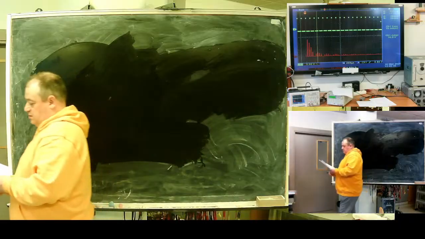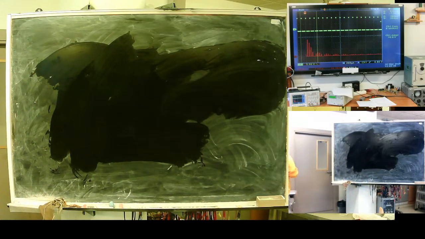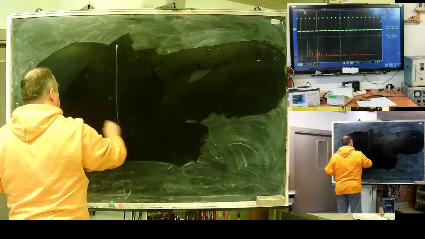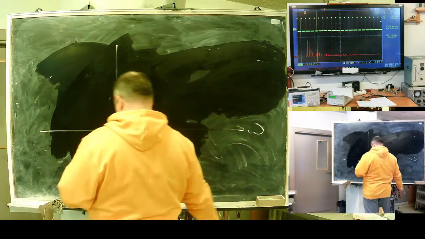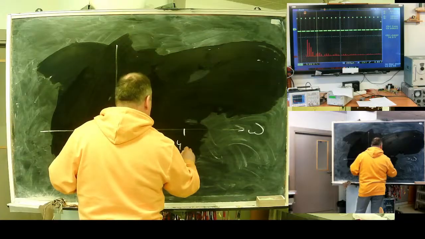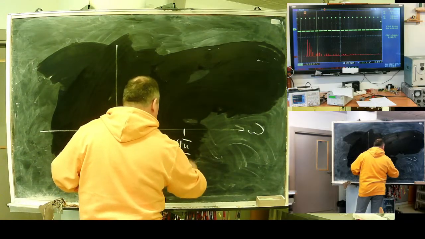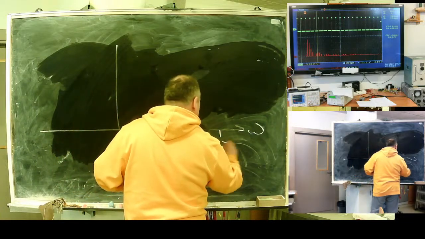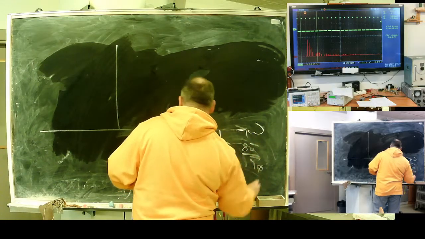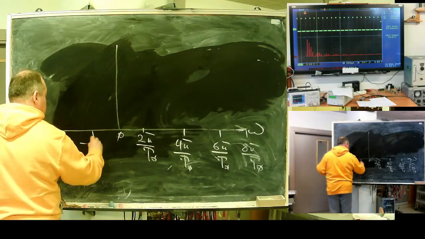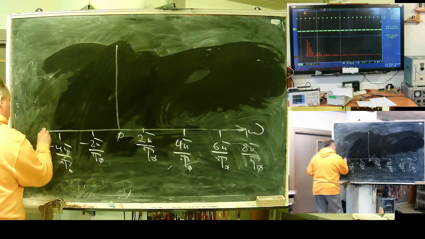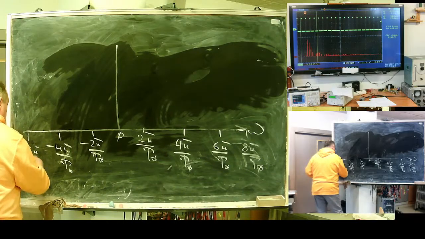So for a set of pulses, the spectrum looks like this: 2π divided by T0, 4π divided by T0, 6π divided by T0, 8π divided by T0, and 0, minus 2π, minus 4π, minus 6π.